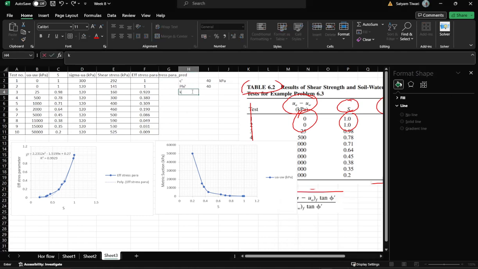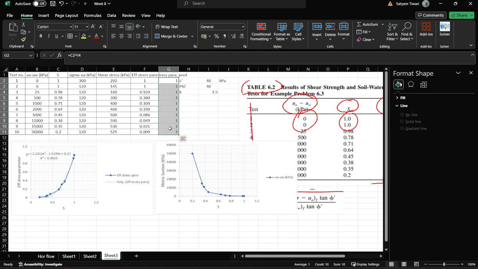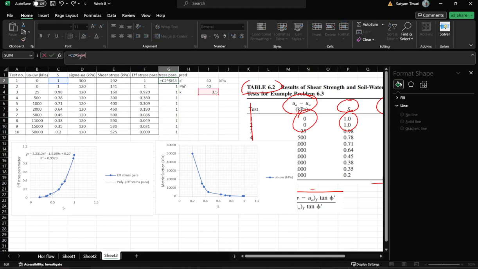So here if we take k value as 3.5 and we write it here as it is equal to s to the power k, then it will look something like this. And I think we need to fix the k as 4.